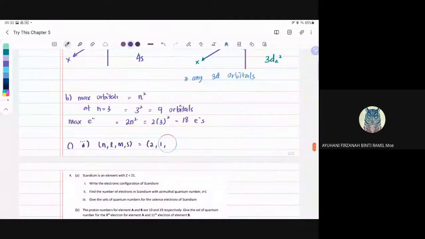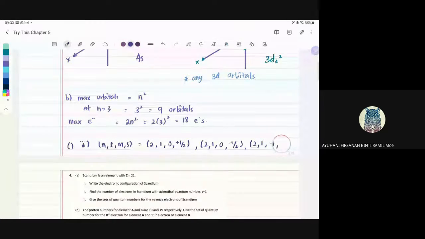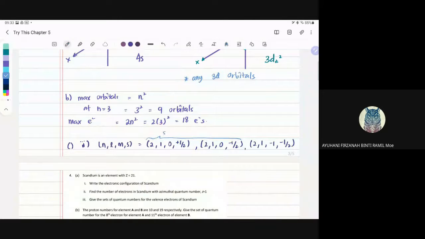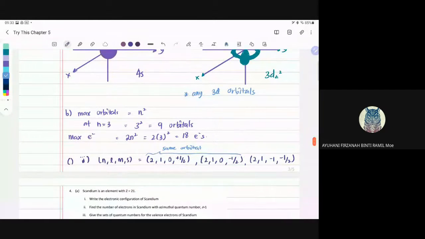So what I would do is 2, 1, 0, positive half. 2, 1, 0, negative half. Bermaksud ini dalam orbital sama. Kemudian 2, 1, negative 1, negative 1/2. This one here, same orbital. Macam tu. So this would be A.